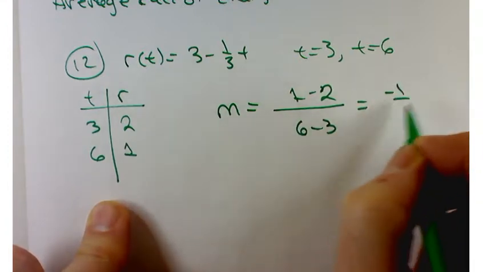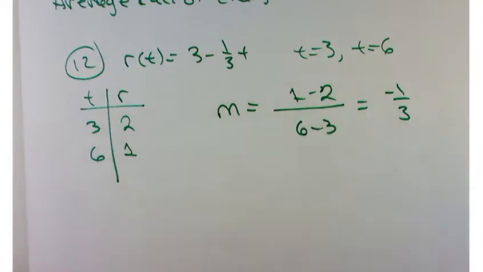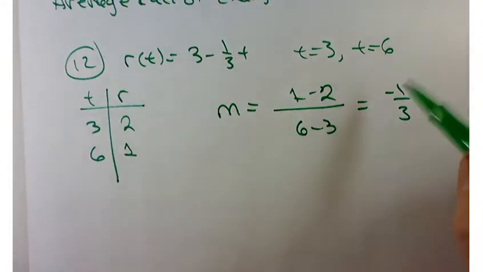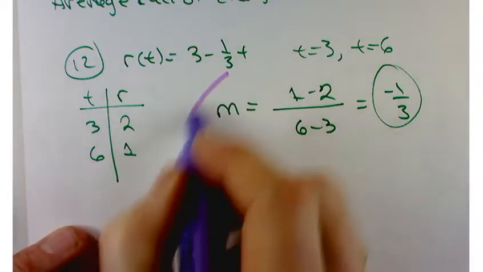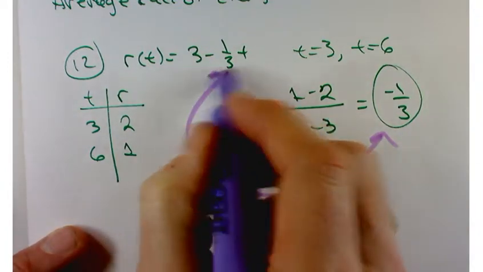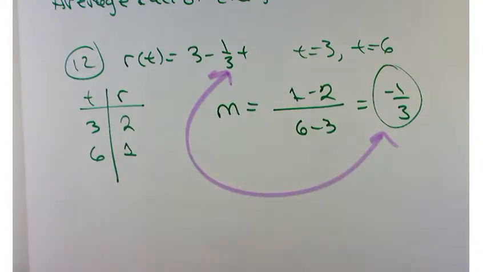So we get negative 1/3 as our average rate of change. And that kind of makes sense in another way, right? Does anyone else see something interesting about 1/3? That's the slope of our line, right? It's just negative 1/3. So it makes sense.